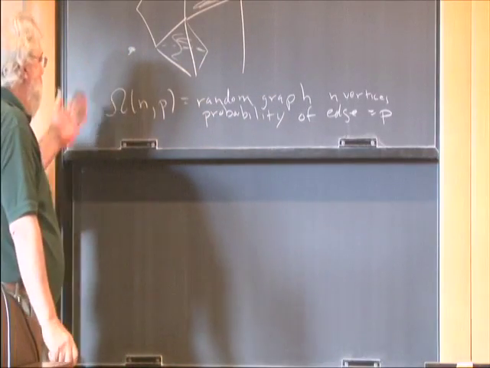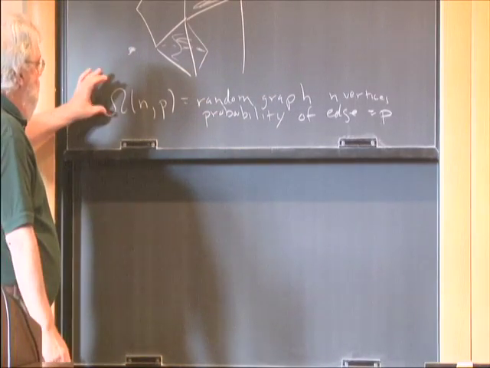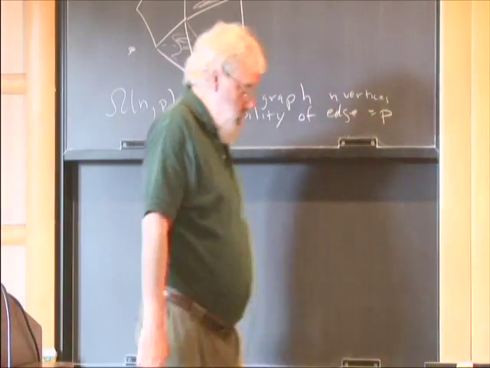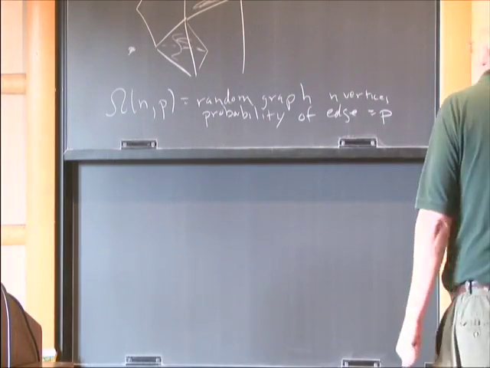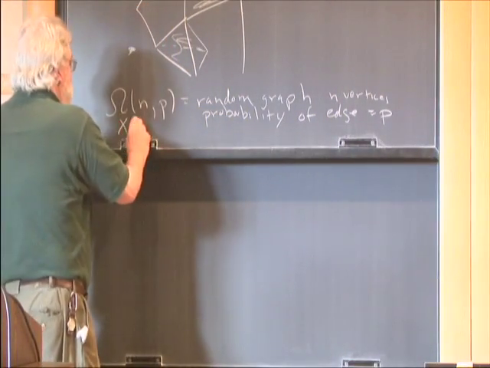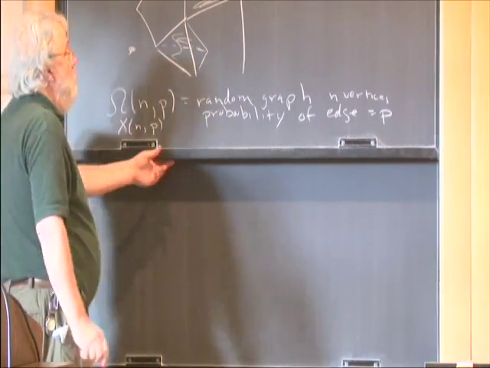So really you mean the probability space, and you're interested in when a graph like that has certain properties. And X n p will mean the same thing for the simplicial complexes.